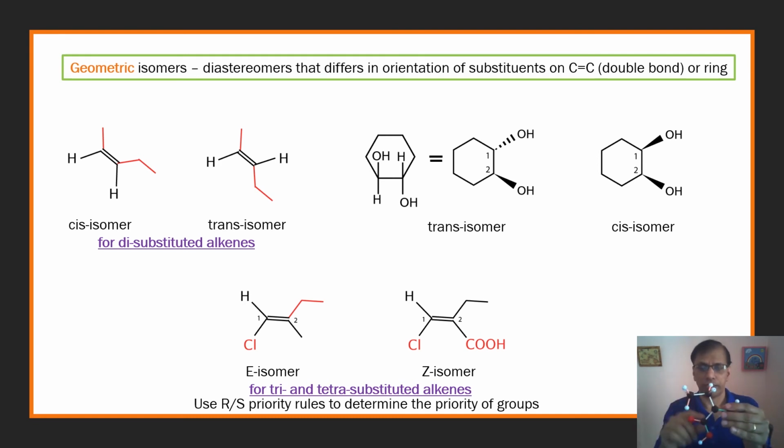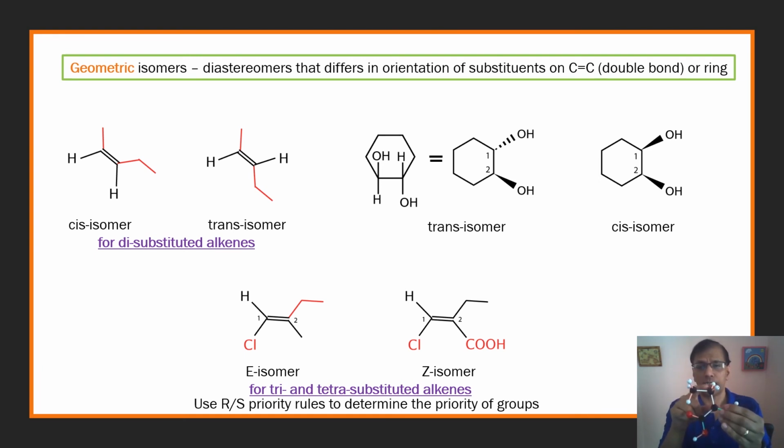So in order to find the priority between these two groups, you first look at the atoms attached directly to the carbon atom bearing the double bond. So this is the carbon atom bearing the double bond. To this particular atom, you have a carbon atom attached and a carbon atom attached. So just looking at the carbon, you cannot figure out the priority.